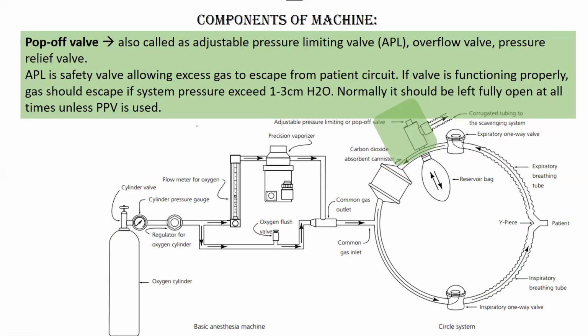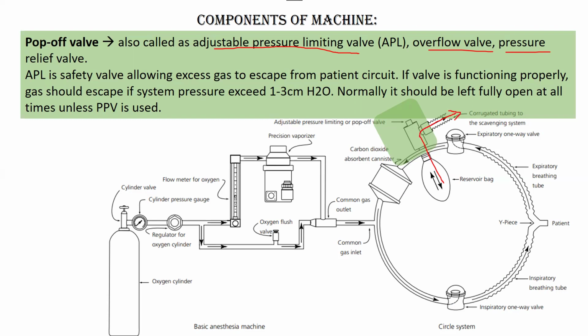Next we have is a pop-off valve. The pop-off valve is a very important thing. It is also called the adjustable pressure limiting valve, overflow valve, or pressure relief valve. APL is basically a safety valve allowing excess gas to escape from the patient circuit.